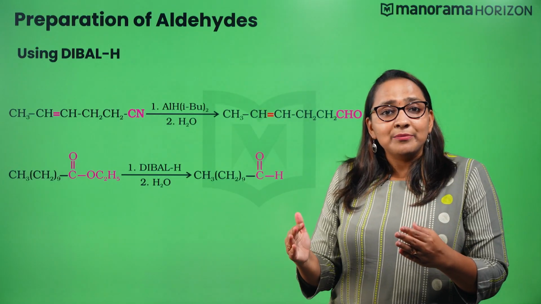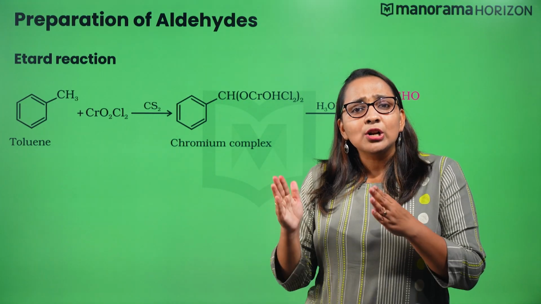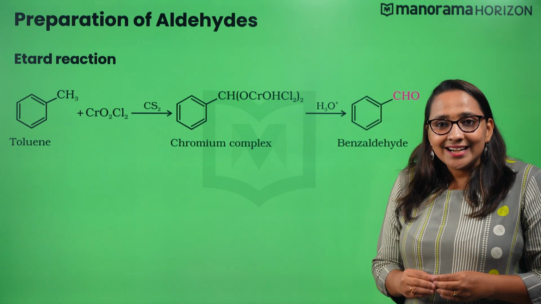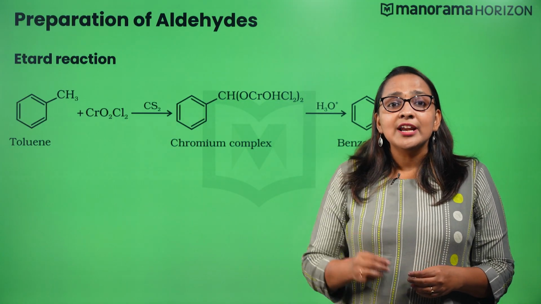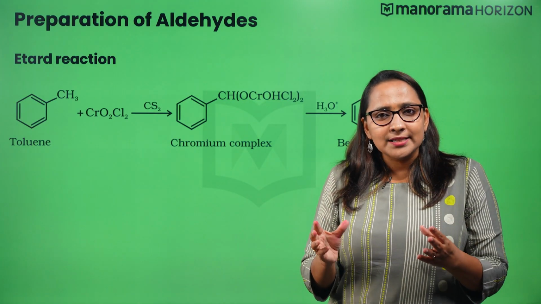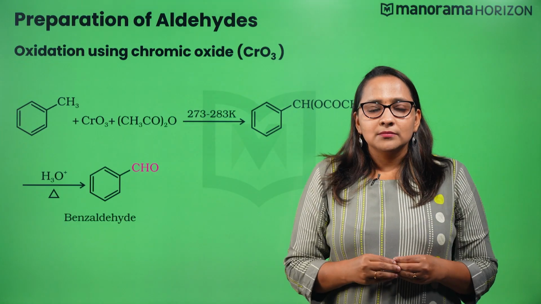Yet another named reaction is Etard reaction, where chromyl chloride oxidizes the hydrocarbon chain to yield an aldehydic group. Here is an example where toluene is first converted to a chromium complex, which on hydrolysis gives benzaldehyde.